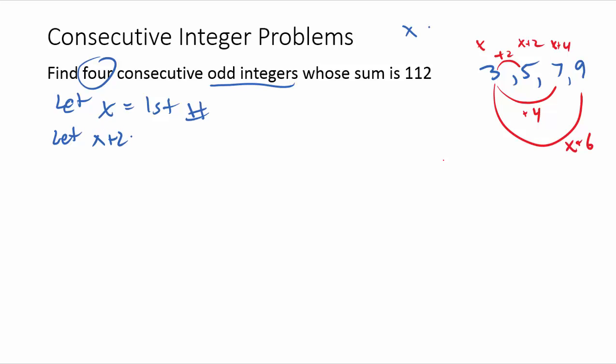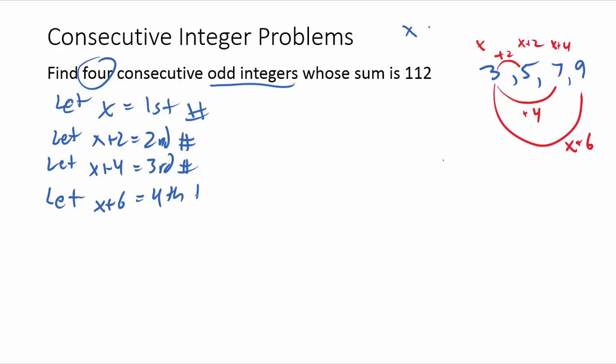We'll let x plus 2 equal the second number. We will let x plus 4 equal the third number. And finally, now we've got 4 numbers, so we're going to add an x plus 6 equal to the fourth number.